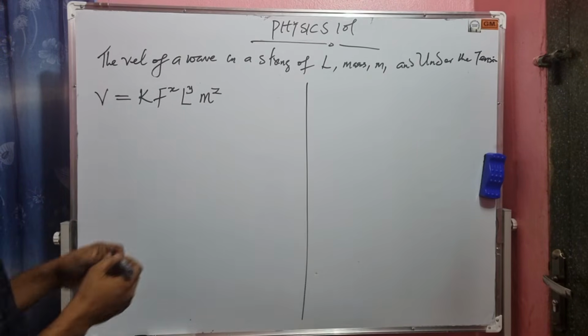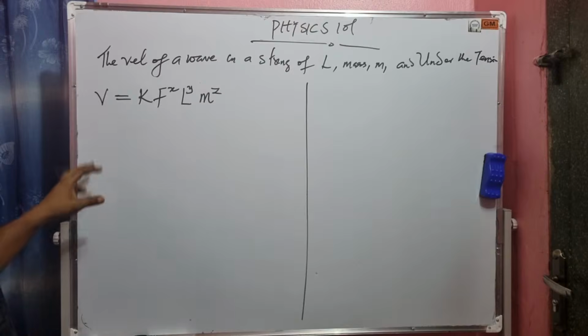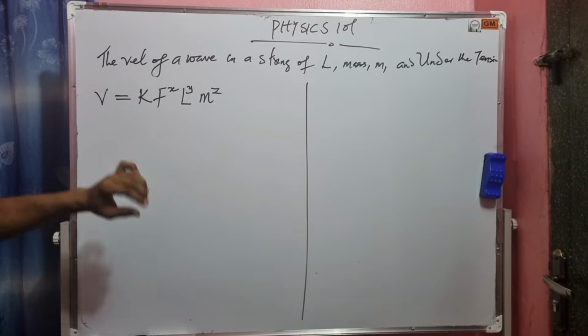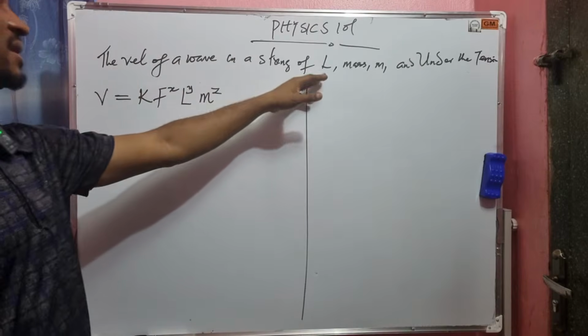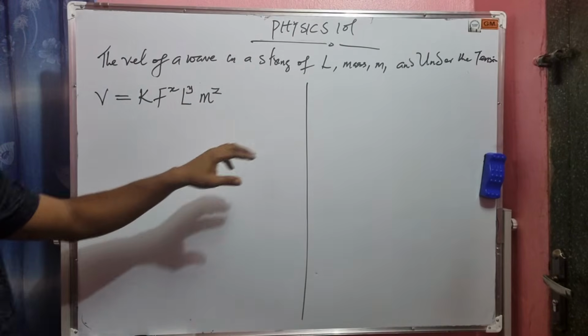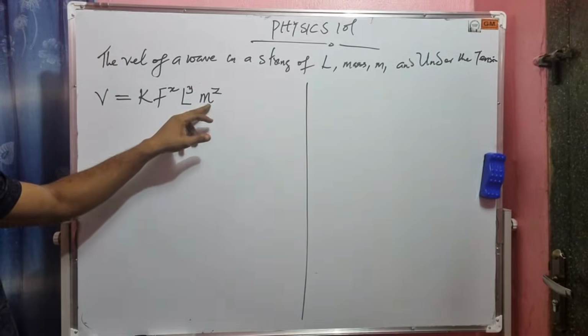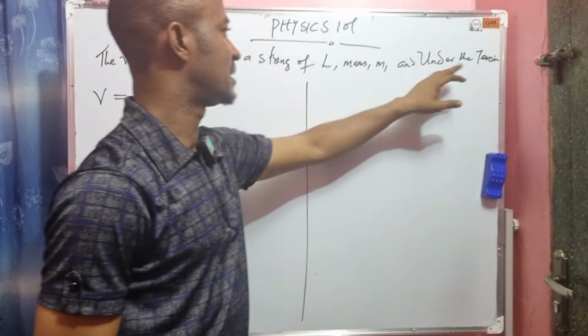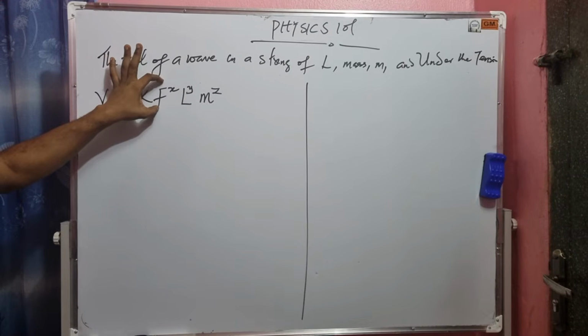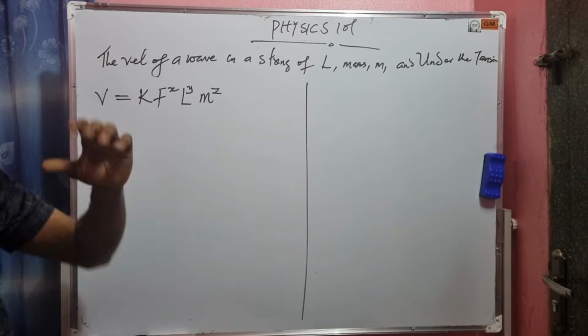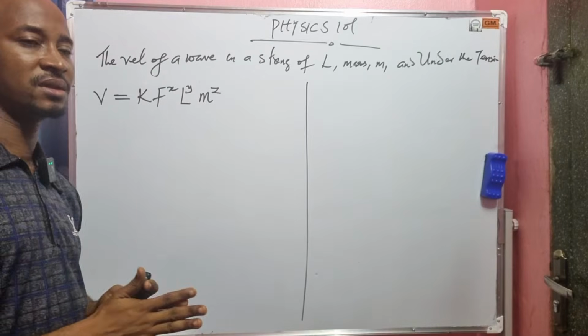This is very simple. They made this question so easy by defining all the terms for us. V represents the velocity of a wave in a string of length L here is length, of mass M. Our M here is what? Mass. And under the tension, that means our F here is the tension. Tension and force have the same dimension, right?